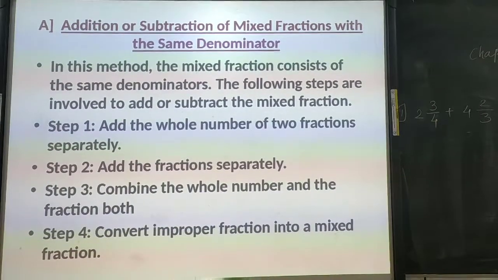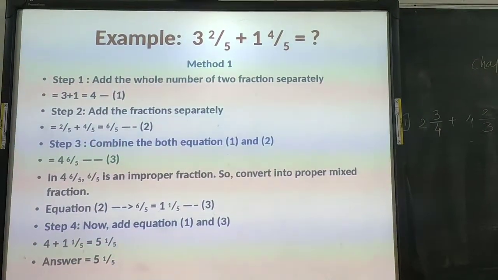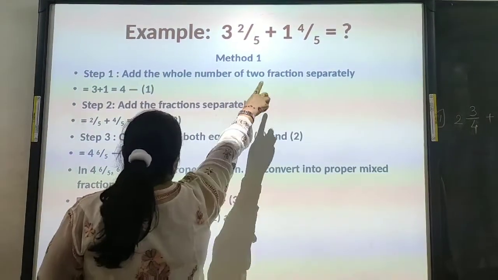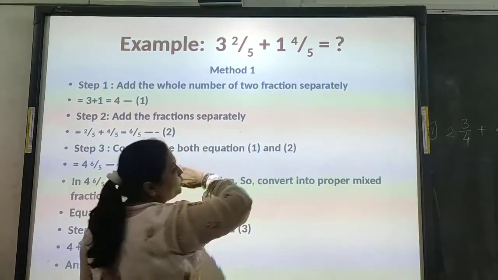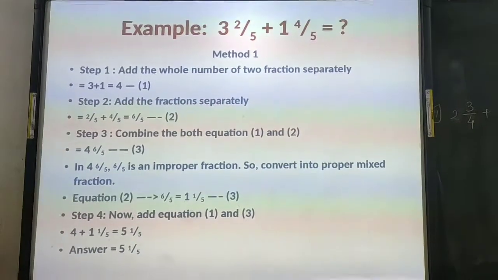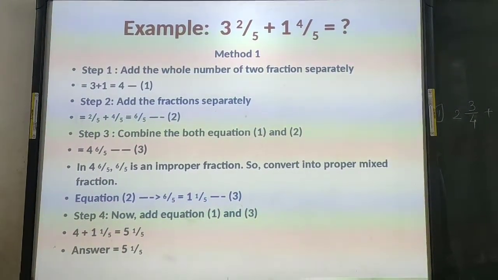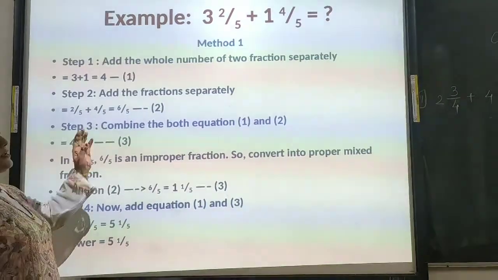So now let's see how to solve the examples. The first example is 3 2/5 and 1 4/5. If you observe, the denominator here is 5 and here also the denominator is 5. So these are mixed fractions with the same denominators. What is our step 1? Add the whole numbers of both the fractions separately.